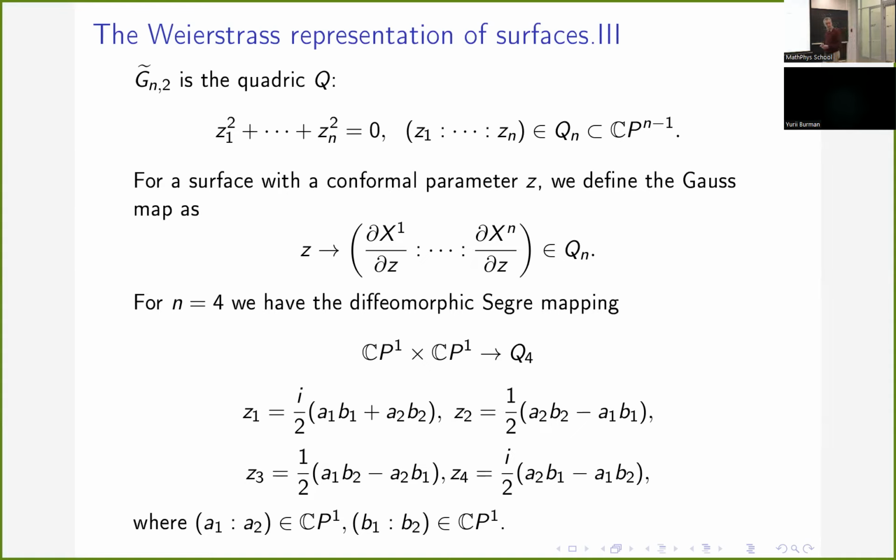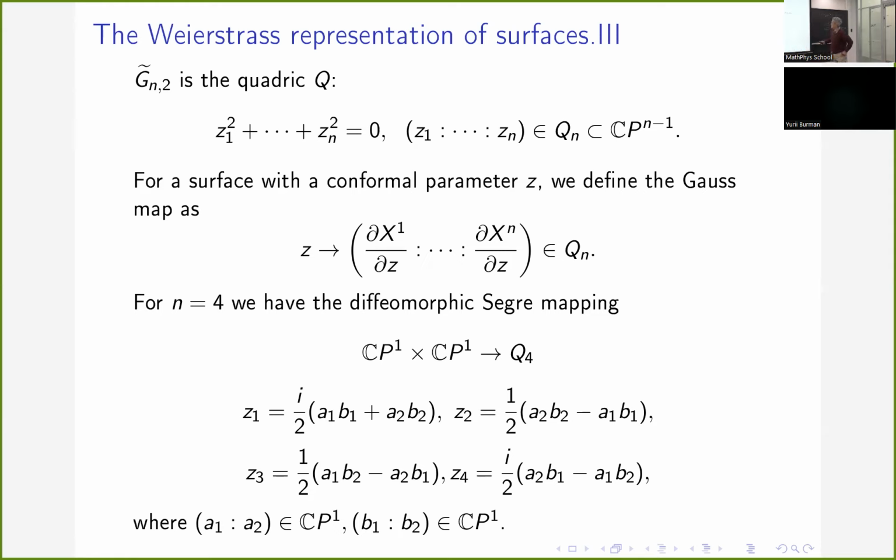Because an oriented plane is defined by two orthogonal vectors, dx over du and dx over dv. We can rotate these vectors, and we can rescale them.